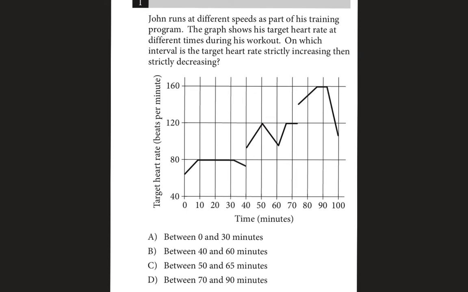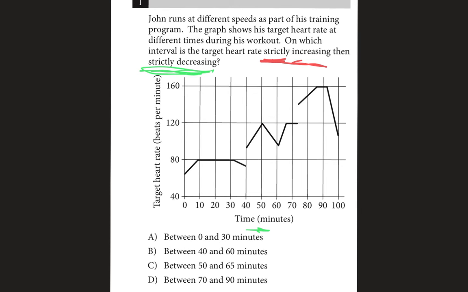So what makes this problem really simple is that this is the keyword right here, strictly, meaning it is going straight up, right? Because it's strictly increasing, and then strictly decreasing. And they want to know the time interval. So I'm going to look basically over here.